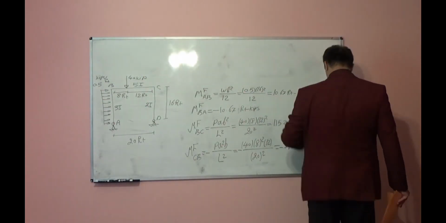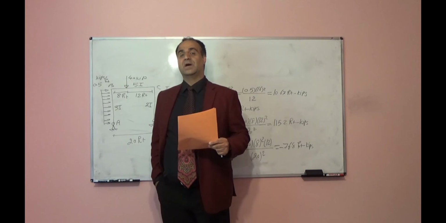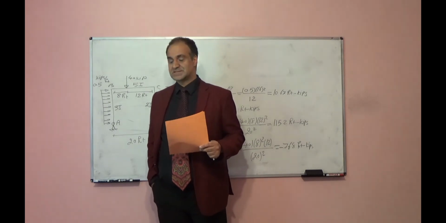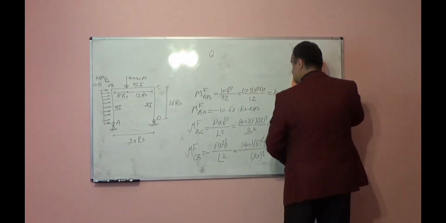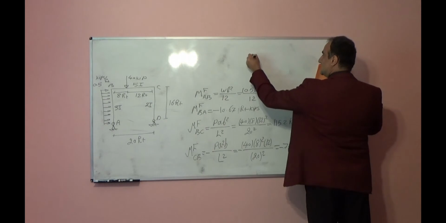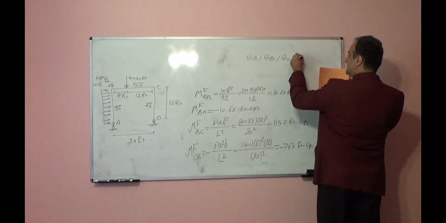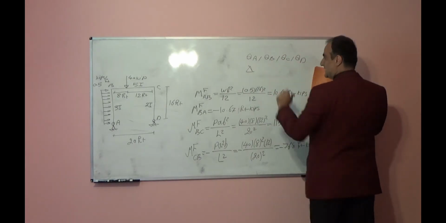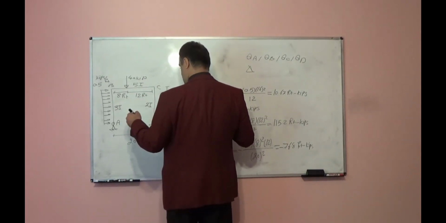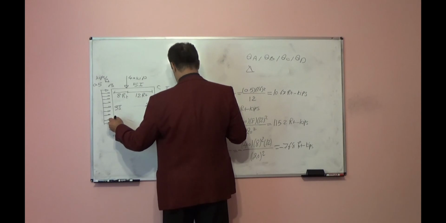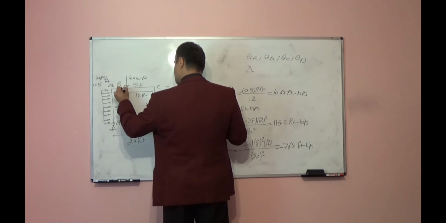So in order to solve this frame using the slope deflection method, we need to solve a 5 equation, 5 unknown system. Our unknowns will be theta A, theta B, theta C, theta D, and delta. If I roughly draw the deformation for this frame, it will be something like this. For example, joint B will move here and it will rotate.